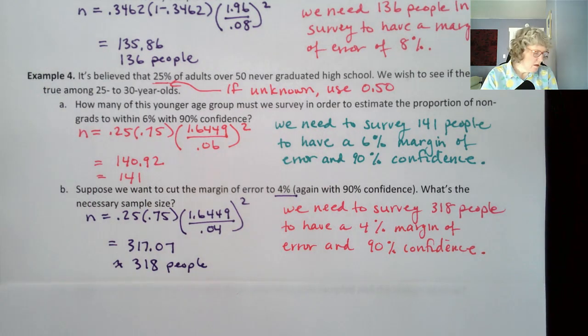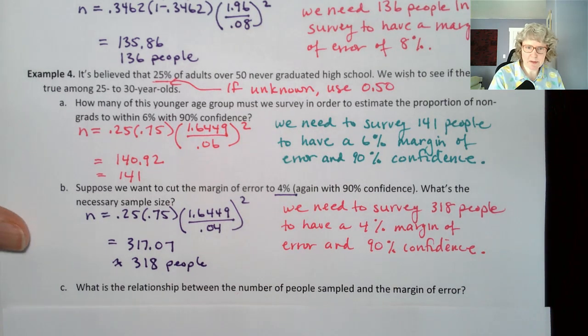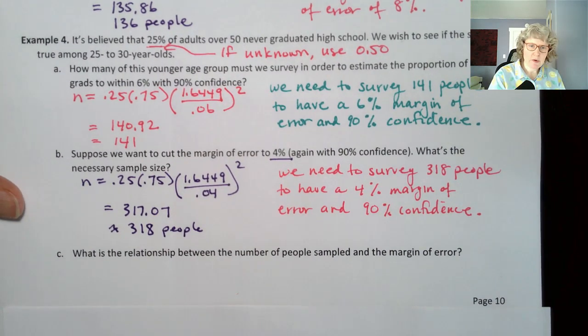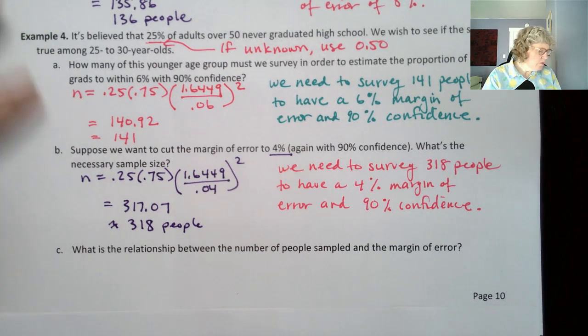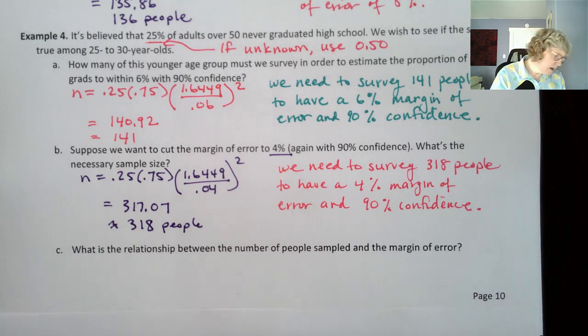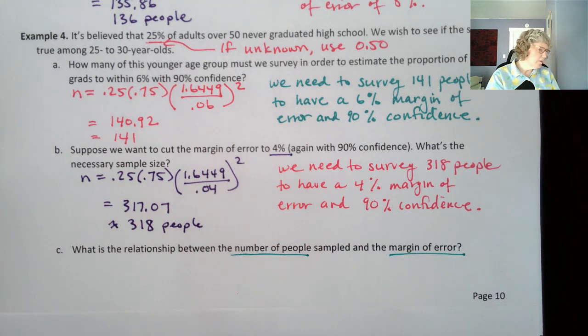Okay. Great. So I think we've seen this relationship before when we were doing simulation as well, right? But let's write out what's the relationship between the number of people sampled and the margin of error. So keeping everything else the same, because we saw that both the z star and the margin of error affect n, as well as p hat and q hat. But keeping everything else the same, just the sample size, okay? So just the number of people and the margin of error.